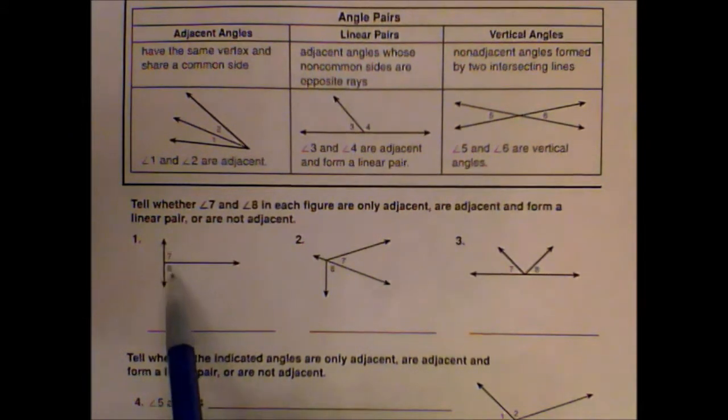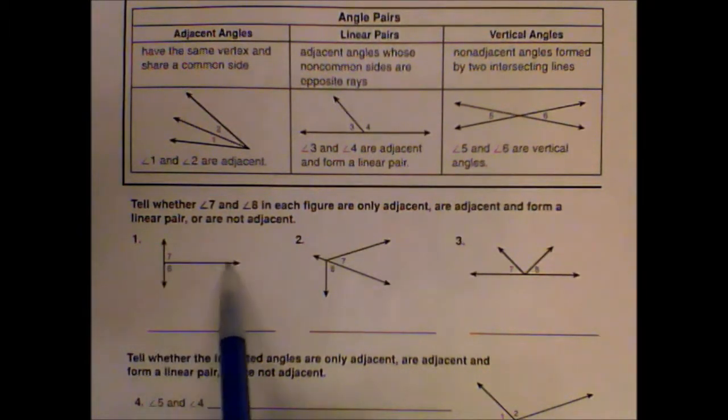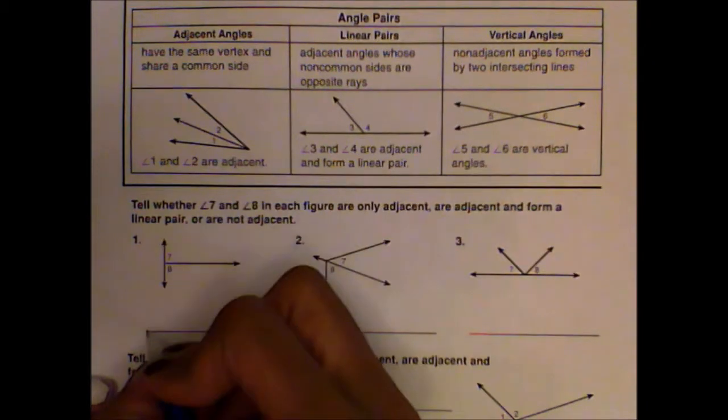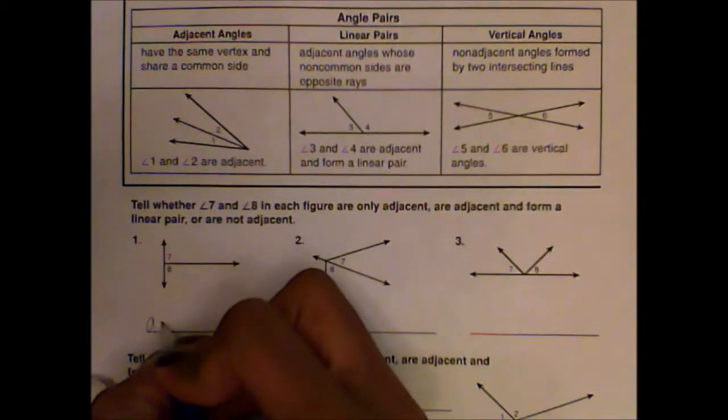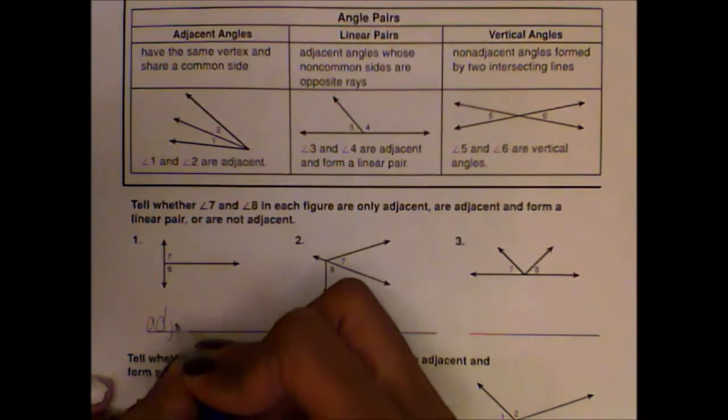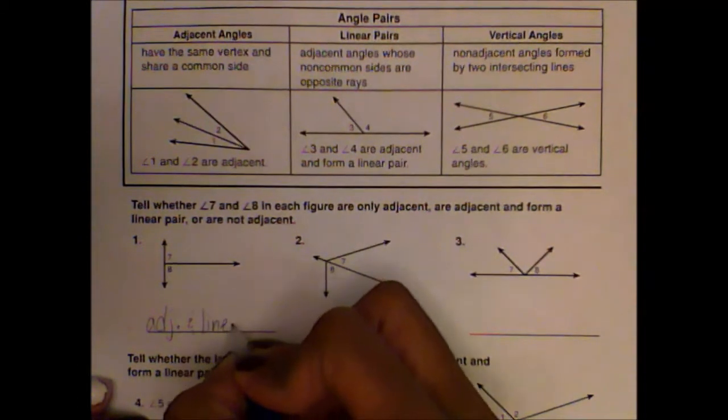So angle 7 and angle 8 in this figure share this fence right here, and the fence happens to be a ray. So I'm going to say on number 1 that these two angles are not only adjacent, and I'm going to abbreviate it ADJ, but they are also a linear pair.